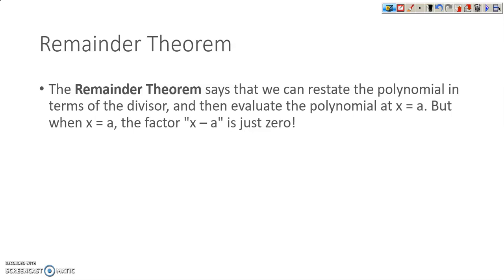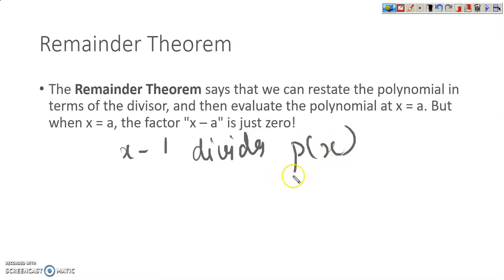Let's take an example: x minus 1 divides the polynomial p(x), which is 3x squared plus 2x plus 1.